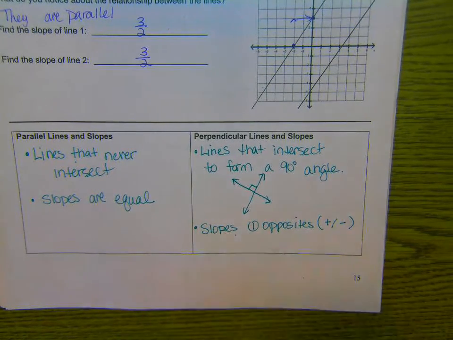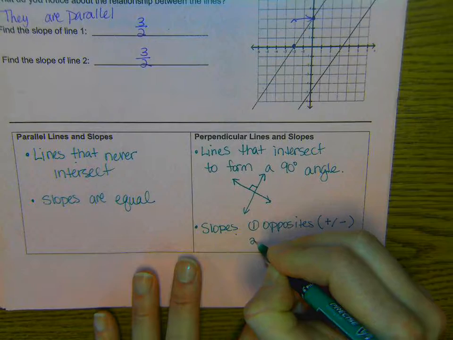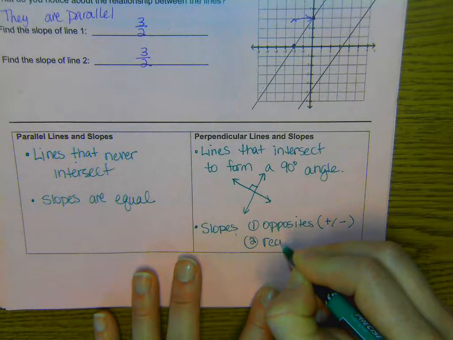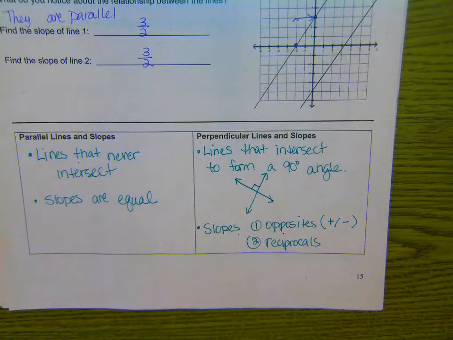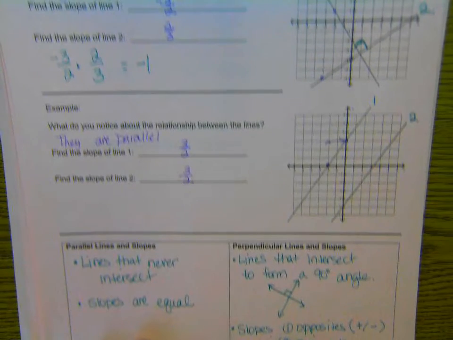And the second thing is that they are reciprocal of one another. If you're still not sure if they're opposites and reciprocals, do you remember what I had you do with the slopes up here?